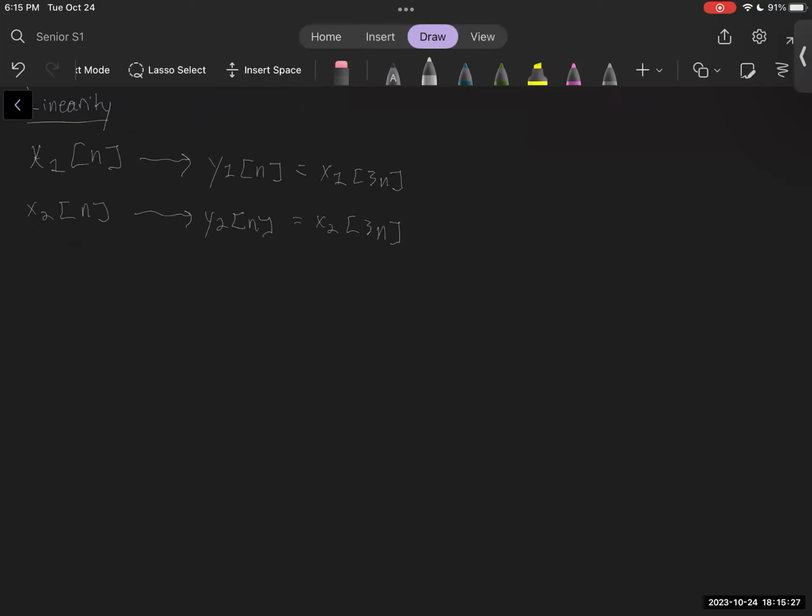So now we're going to define x3 of n as alpha x1 of n plus beta x2 of n.